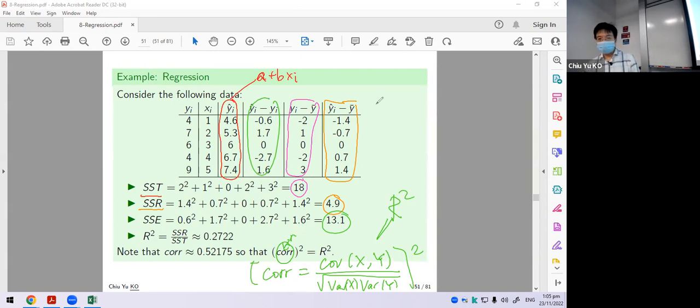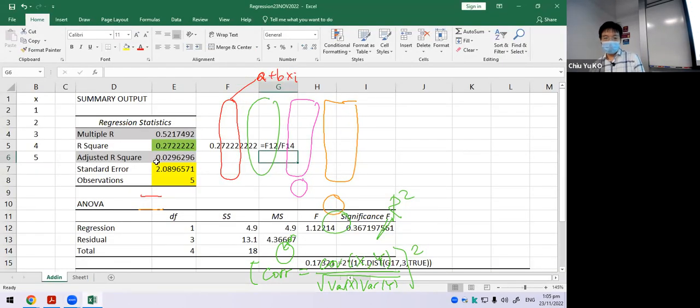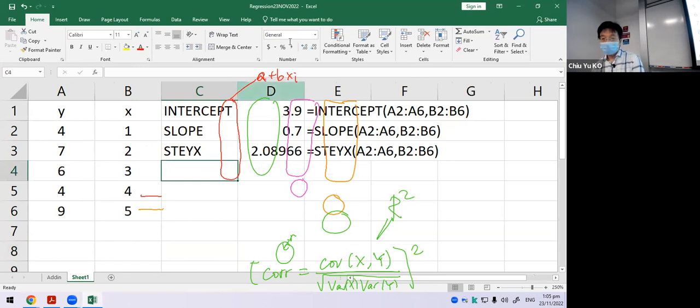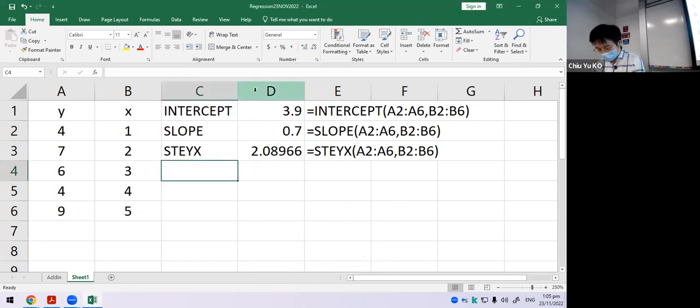Just to prove this in Excel, let me go to Excel here. We have R-square, this one. The first thing I want to show you is R-square in Excel. R-square is called RSQ.